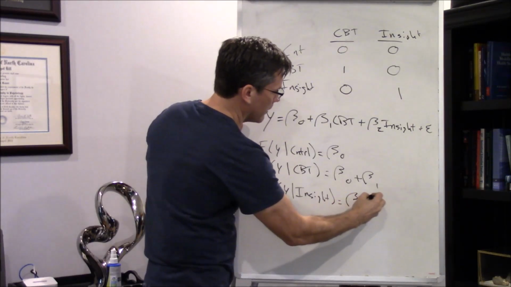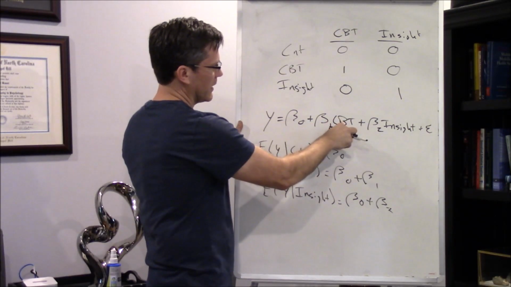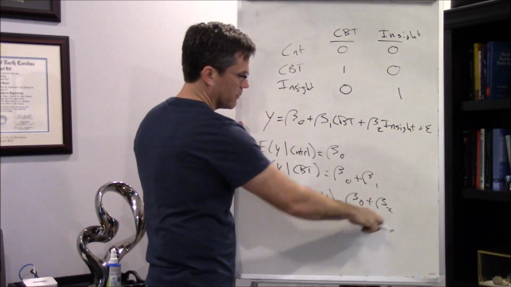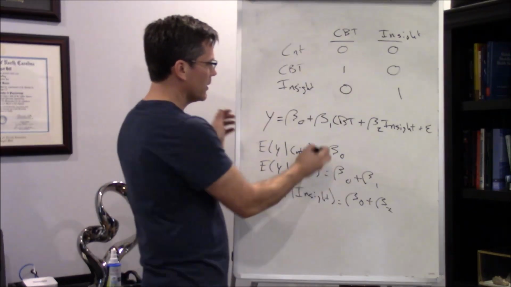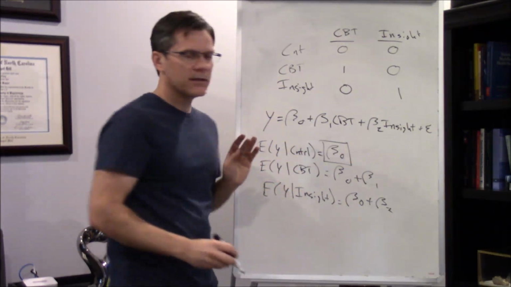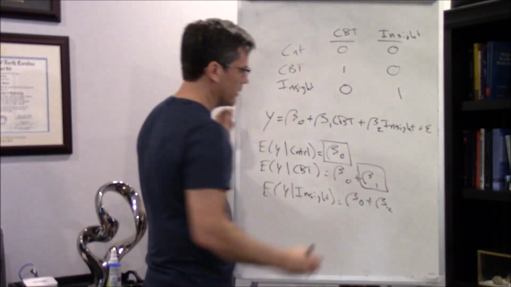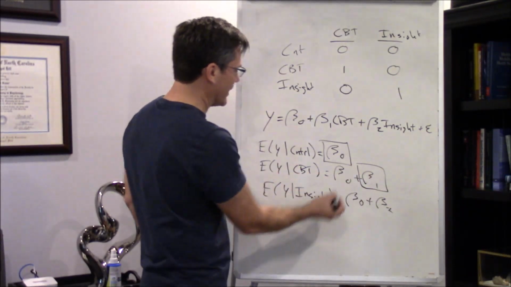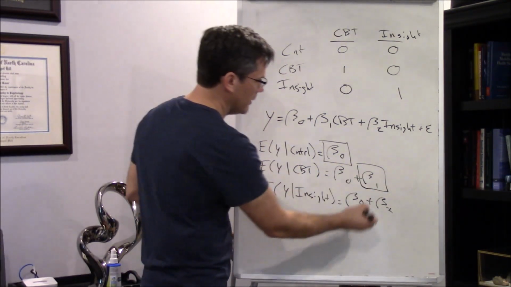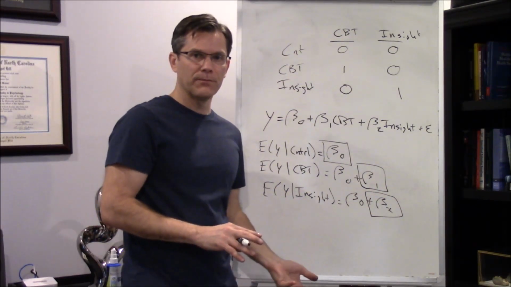Now we have beta naught, beta 1 times 0, beta 2 times 1, so we bring that beta 2 in. So, interpreting our parameters: beta naught is the average for the control group. Beta 1 is the mean difference between CBT and control, that is, how much you have to add to beta naught to get to CBT. And beta 2 is the difference between insight and control.